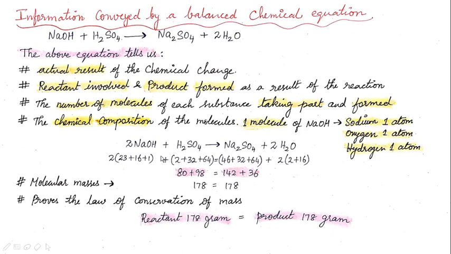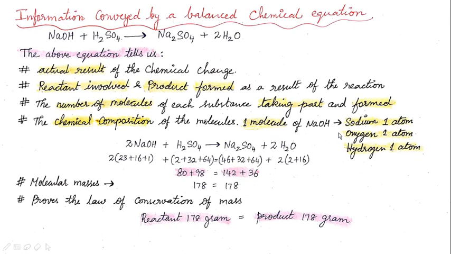Okay, and also the chemical composition of the molecules. What does chemical composition refer to here? 1 molecule of sodium hydroxide tells us what elements are present in it: 1 atom of sodium, 1 atom of oxygen, 1 atom of hydrogen.